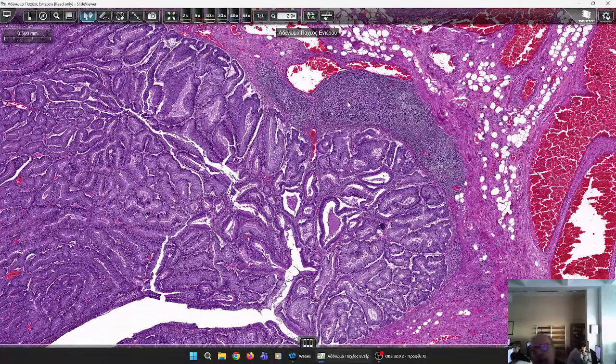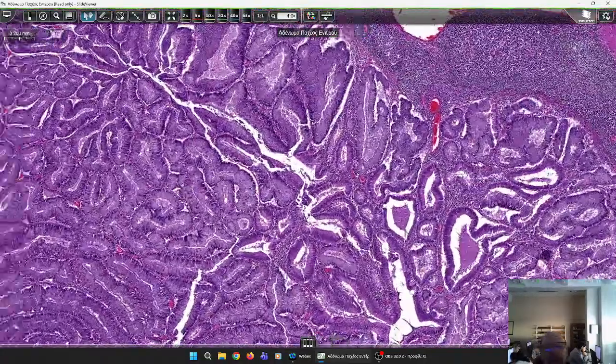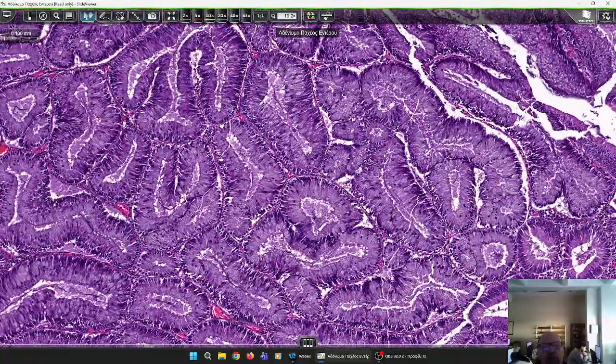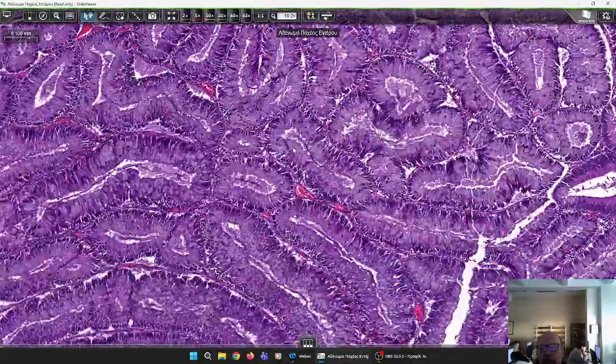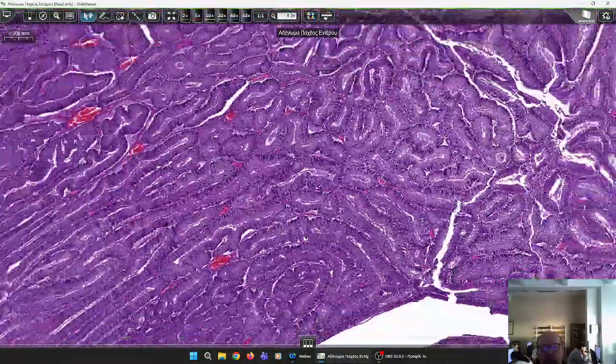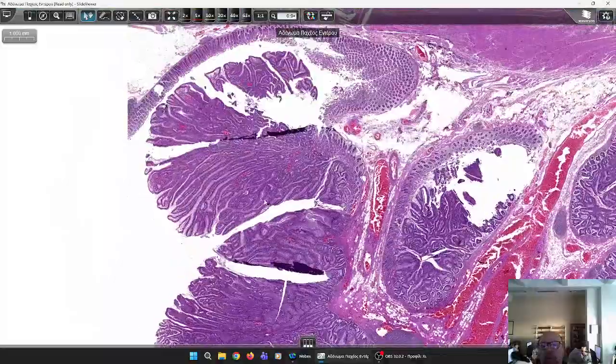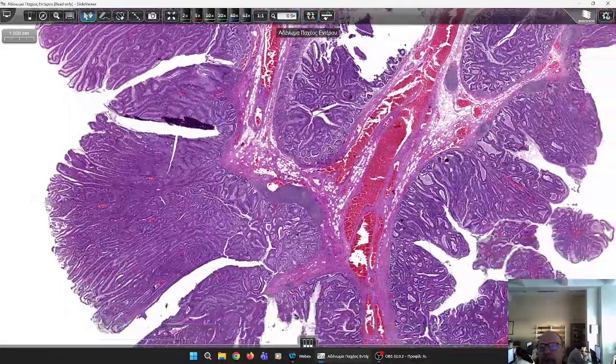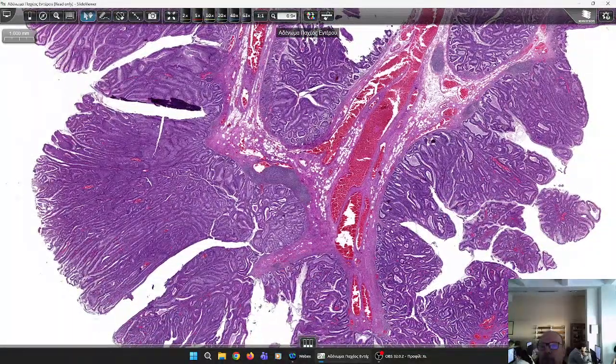Tubulovillus conventional adenoma. The dysplasia is of low grade because it mainly consists of pseudostratification, low grade dysplasia. There is no invasion beyond the muscularis mucosae because this invasion would be synonymous to the malignant transformation of the polyp.